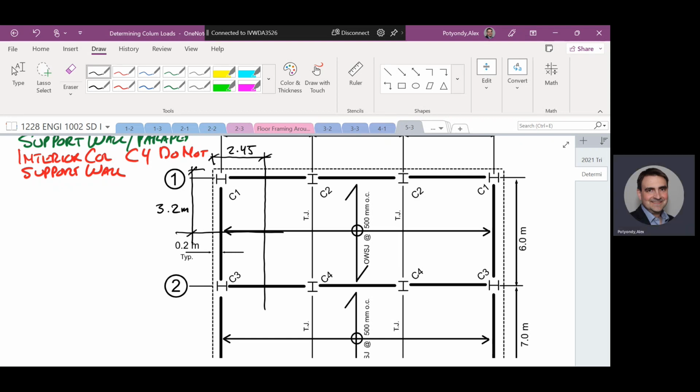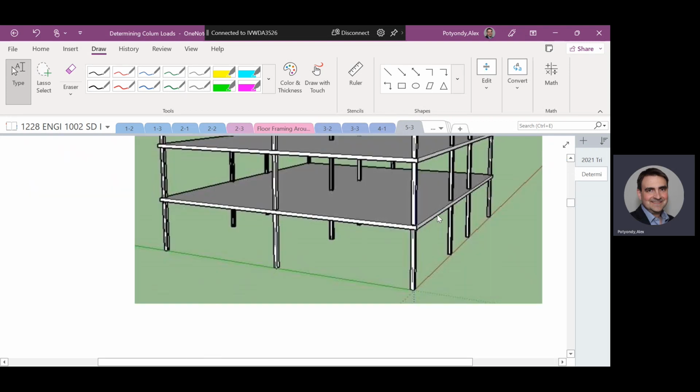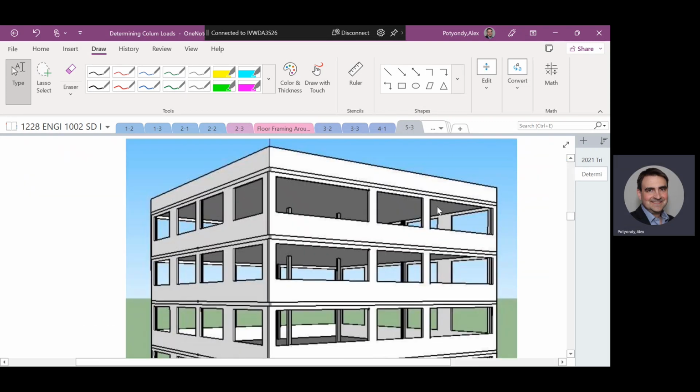Now, the amount of tributary wall that it's supporting, I'm going to just sketch it in like a line. So this is the wall, the parapet wall, the amount of parapet wall that it's supporting. What does that look like? Now let's go back down to here. Help us visualize this.